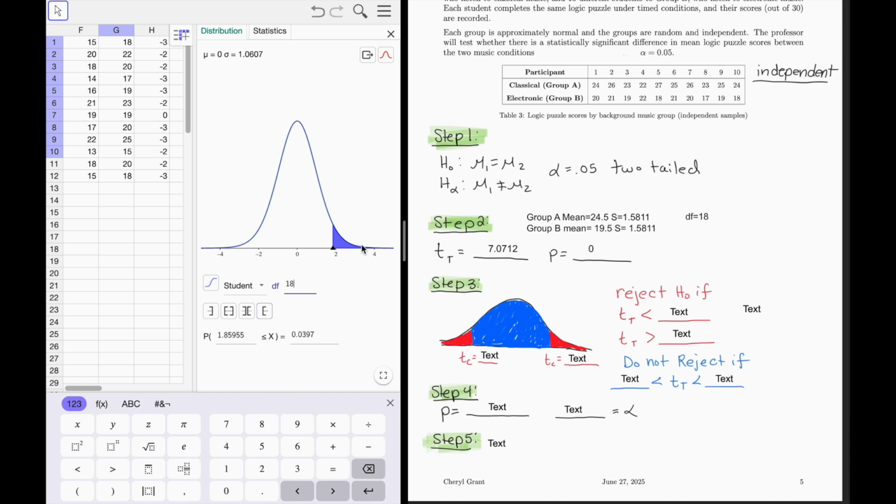So I'll look at the right side first, the critical region that's on the right. Since we're using an alpha level of 0.05, each wing should have 0.025 so that it adds up to 0.05. So our critical value for the right side is 2.1009. And the left side will be exactly the same, it's just going to have a negative.